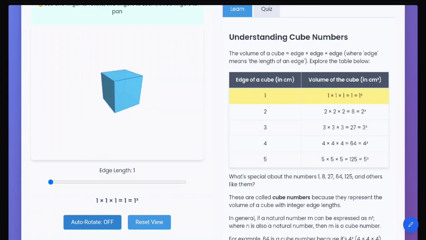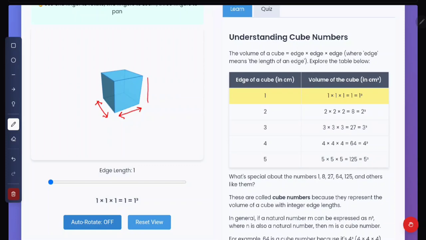Now once it is paused, I'll mark on the screen using my marker the length, the width and the height. 3-dimensional, right? A cube is a 3-dimensional shape. So the length, breadth and height, all are 1 unit.